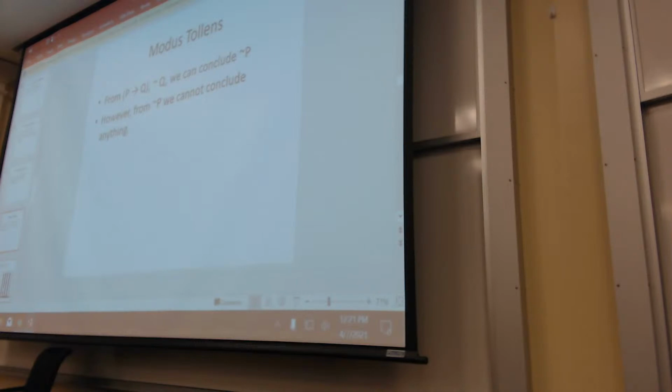And it works with negatives as well. So if I have if not A, then not B, if I can find the opposite of the not B, so the opposite of not B is regular B. If I've got the opposite of not B, I can get the opposite of whatever's on the left side.